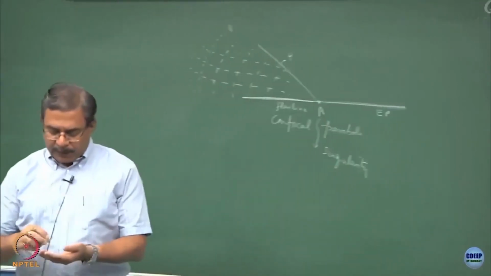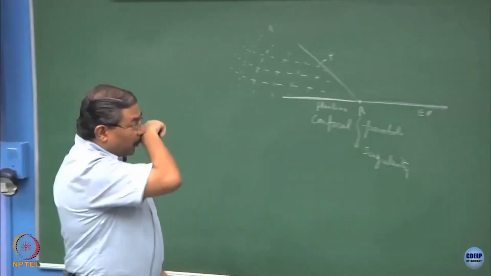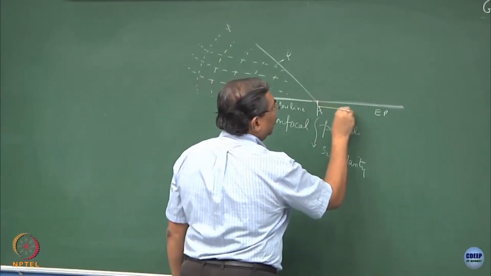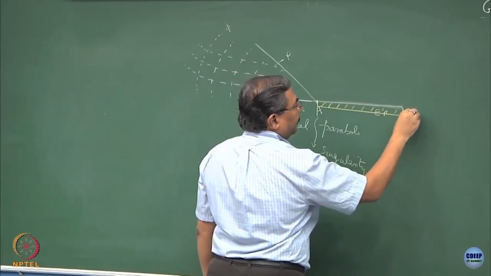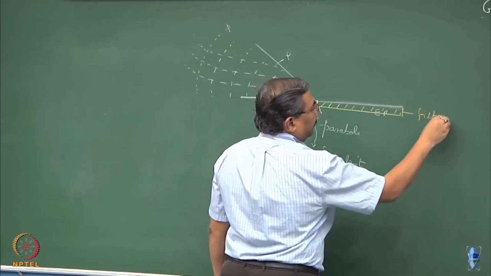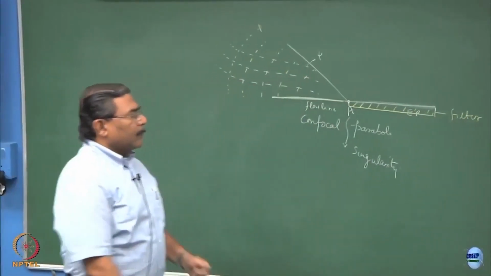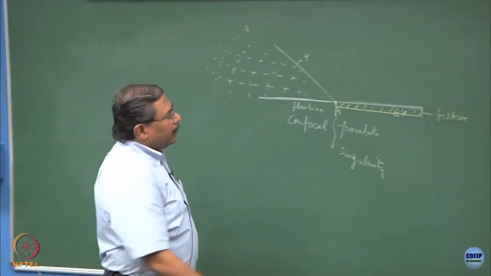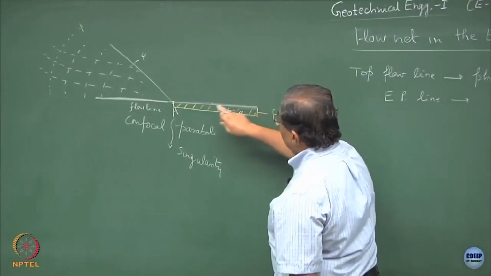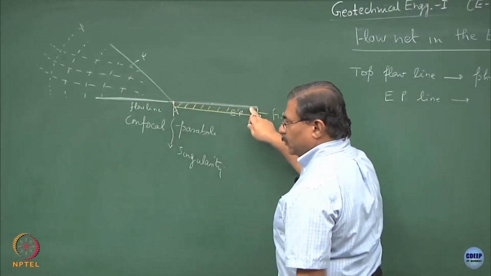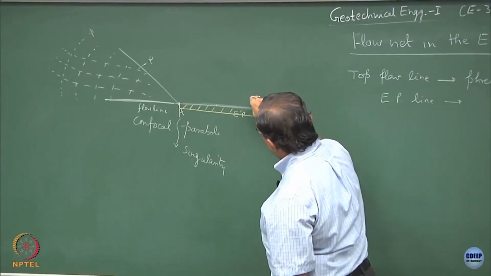Now, this type of a situation can be created by putting a filter layer. Now, the moment you put a filter layer, this becomes an equipotential, the atmospheric pressure prevails over here, and hence the total head is going to be 0 at this point.